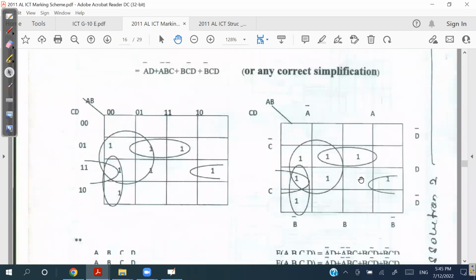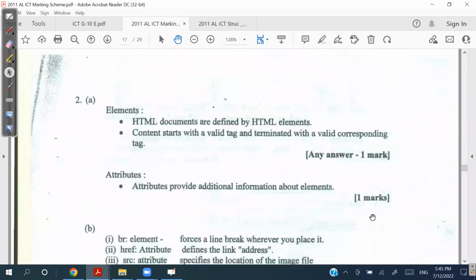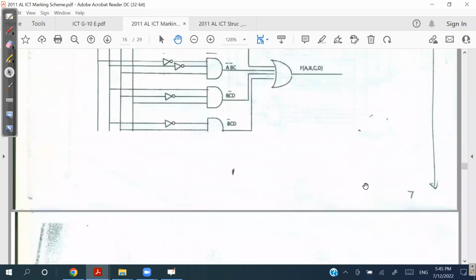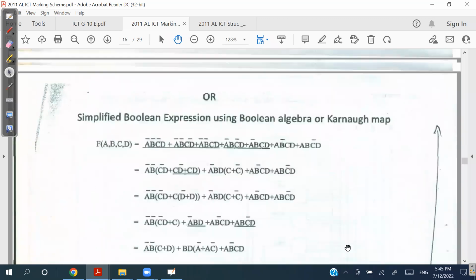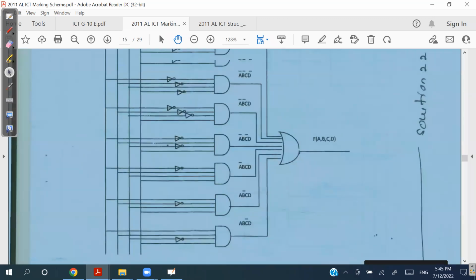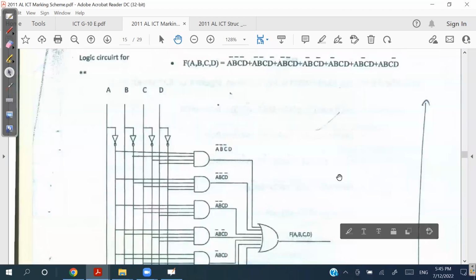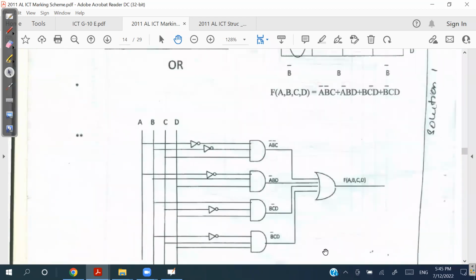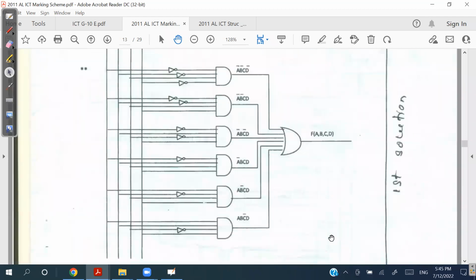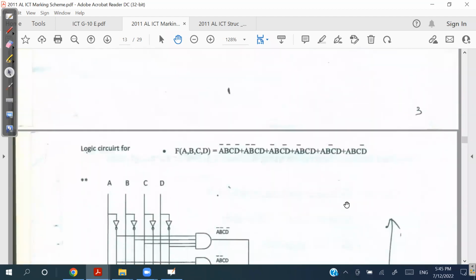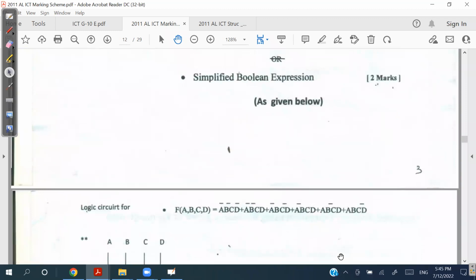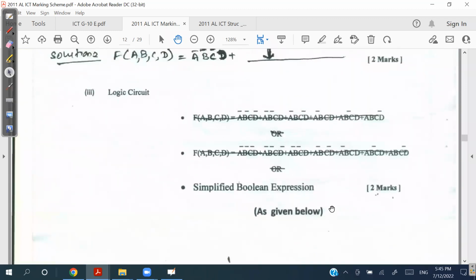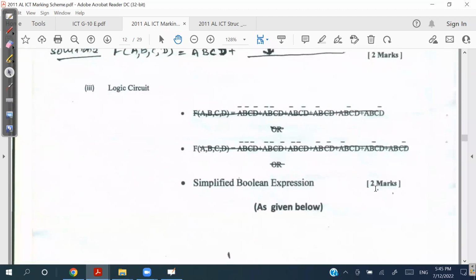So for completing the circuit correctly, how much are they going to give you? Yeah, it's just 2 marks, right? So it's 2 marks.